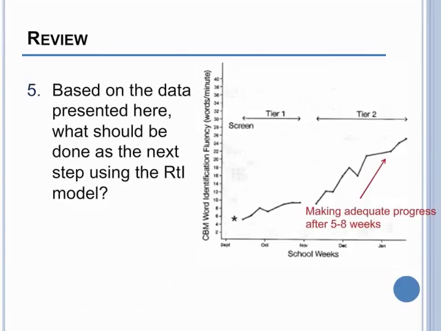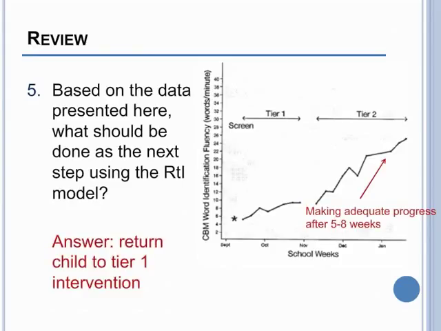So if we look at this data, what should be done as the next step using the RTI model? That's right. The child is making adequate progress in Tier 2 after 5 to 8 weeks of progress monitoring, and your data-based decision would be that you return the child to Tier 1.